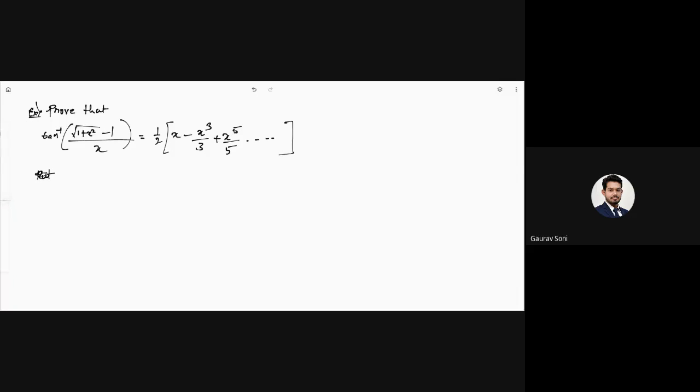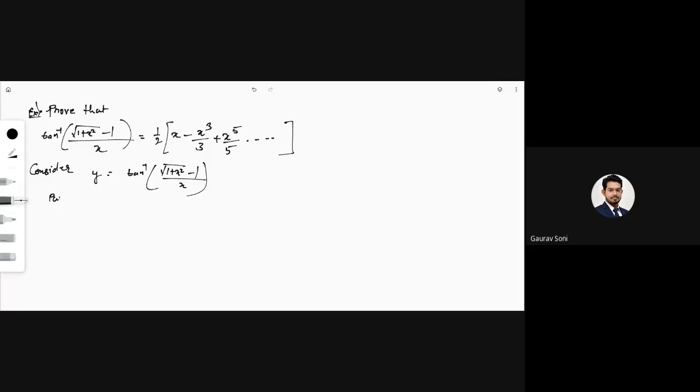So consider y is equal to tan inverse of (under root 1 plus x square minus 1) upon x.